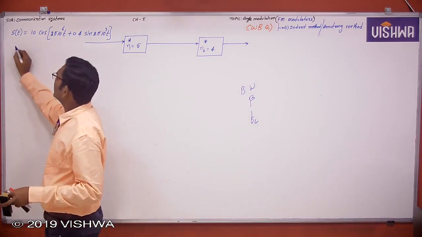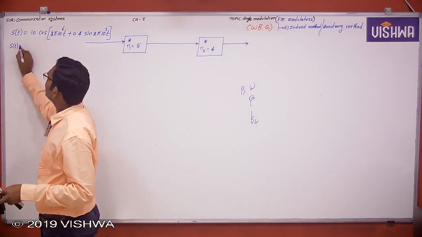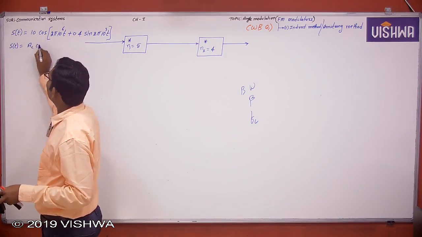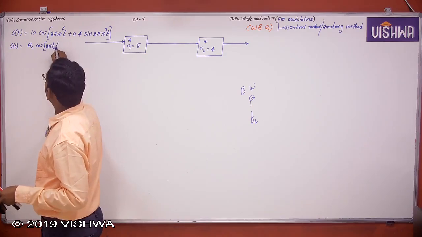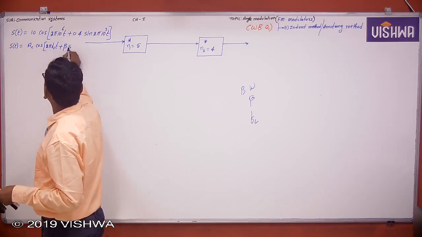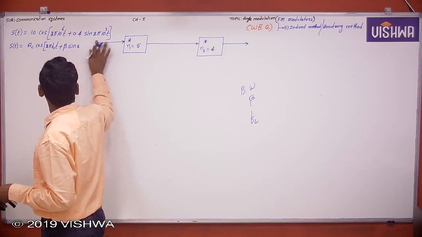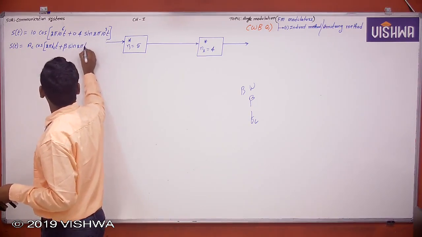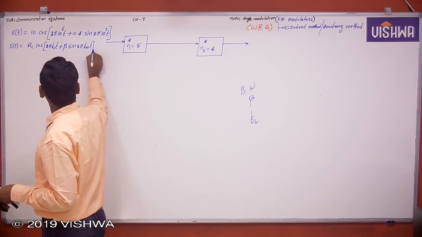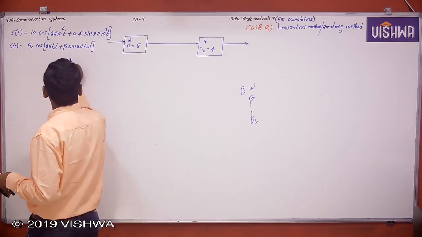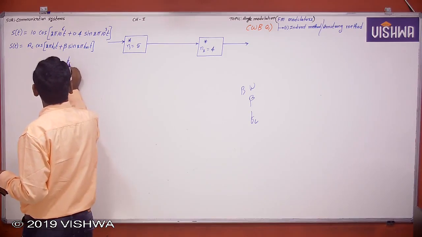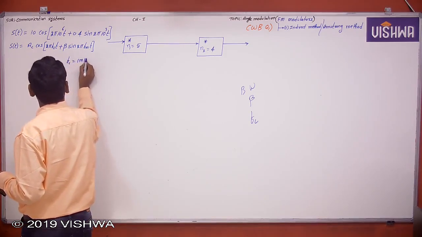Now what is an FM signal? An FM signal represented in time domain is AC cos of 2 pi FC t plus beta sine 2 pi FM t. Now what is FC? FC is 1 megahertz.